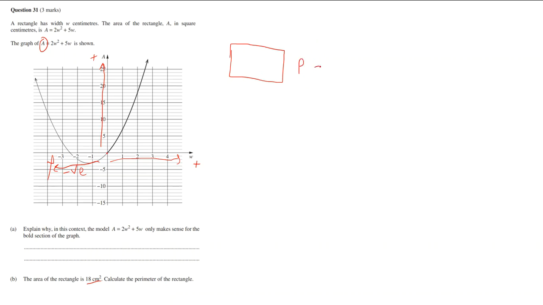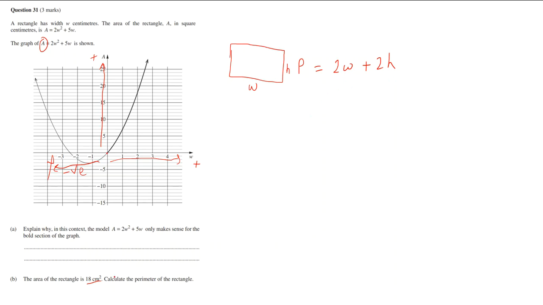For perimeter, if this is a rectangle and this is the width, we call it W, and this is, say, the height, right? So perimeter is 2 times the width plus 2 times the height. That's the formula for perimeter. So you need to work out what is W and what is H.